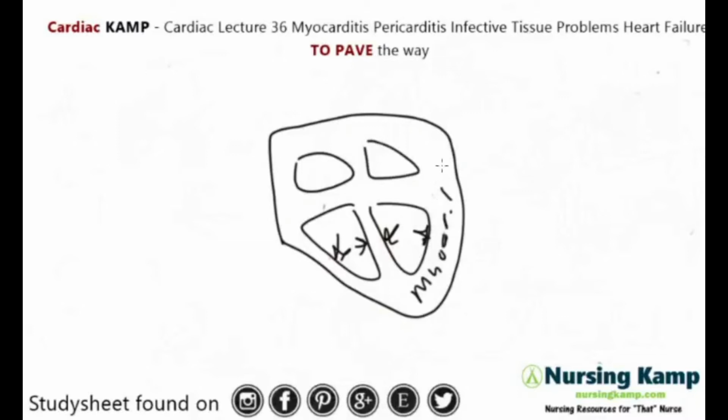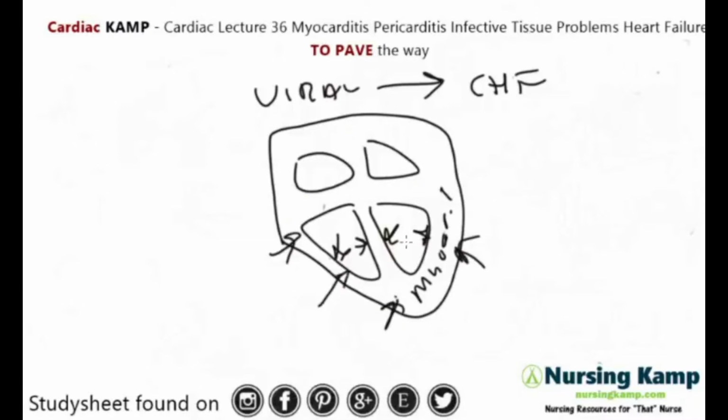Myocarditis is a smaller topic, but the interesting thing about myocarditis is it can be viral. And the outcome is that they have CHF symptoms, because the tissue, so think of like an MI. The problem is the heart just isn't pumping, decreased cardiac output.